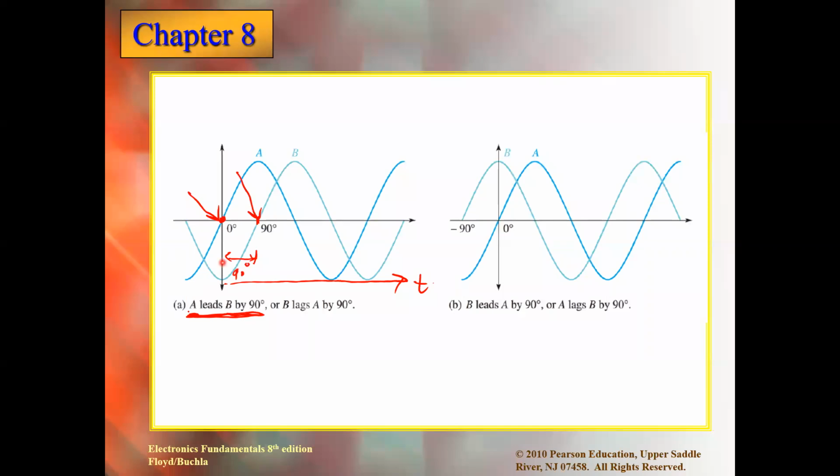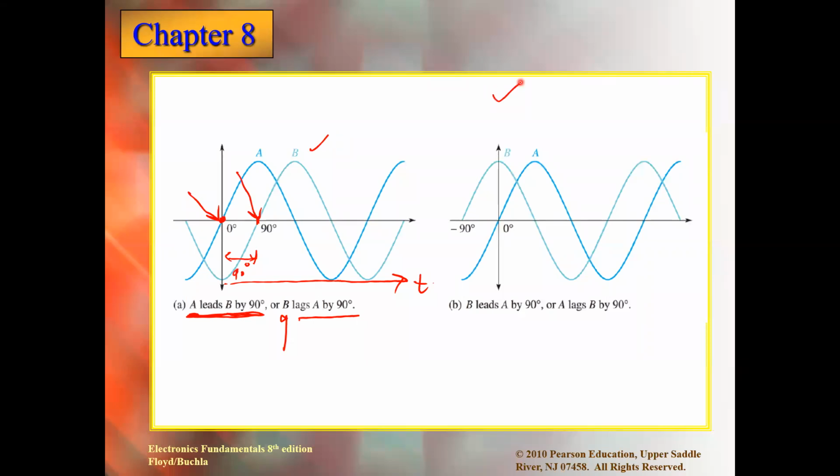So A leads B by 90. Similarly, we can say that B lags A by 90. Are you getting this point, guys? Either we can say A leads by 90, or B lags A by 90.